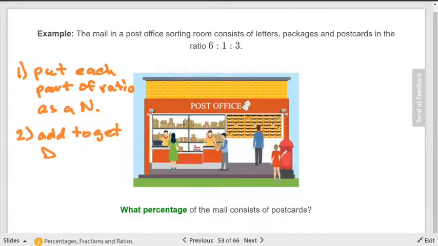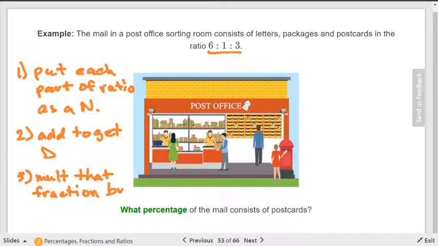You just add all the numbers up to get the denominator. And then multiply that fraction by what to change it into its percent? By 100. And finally, add the percent symbol with the lines not connected, because I know how picky y'all are.